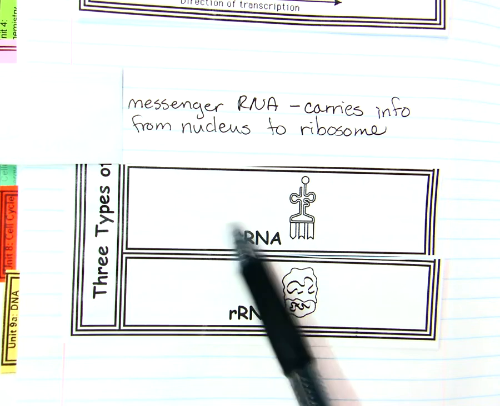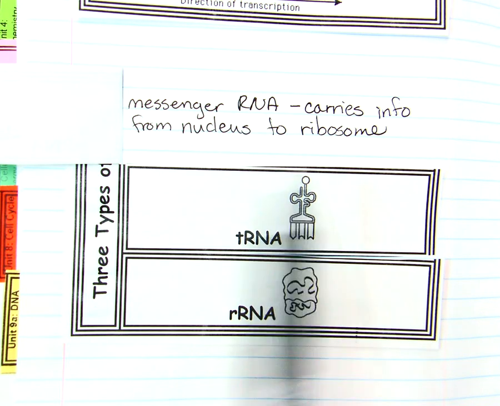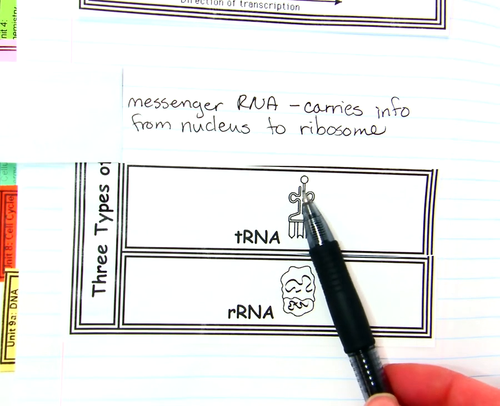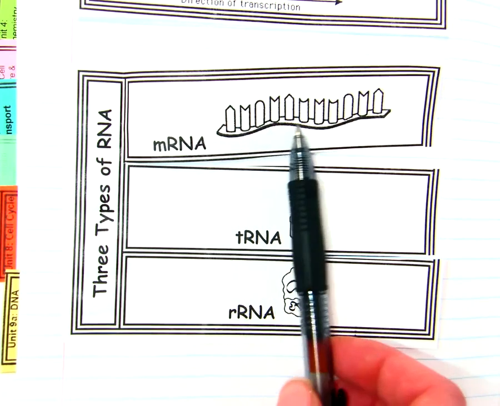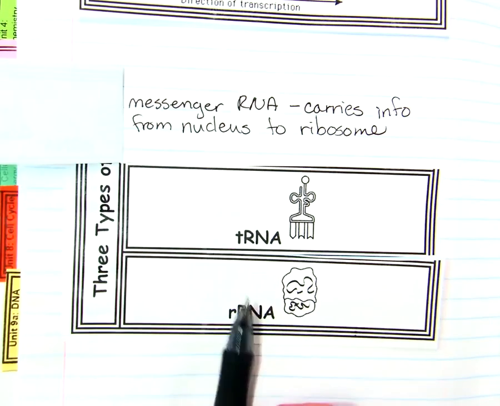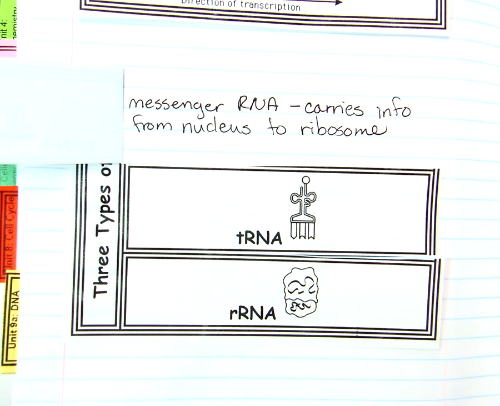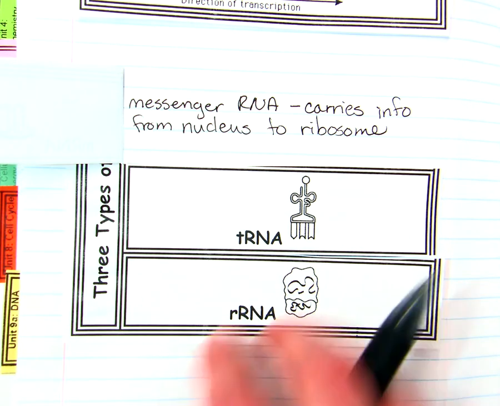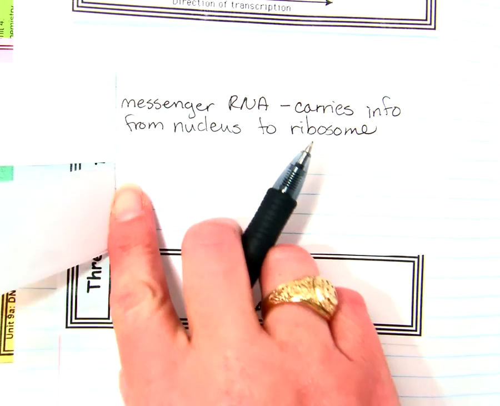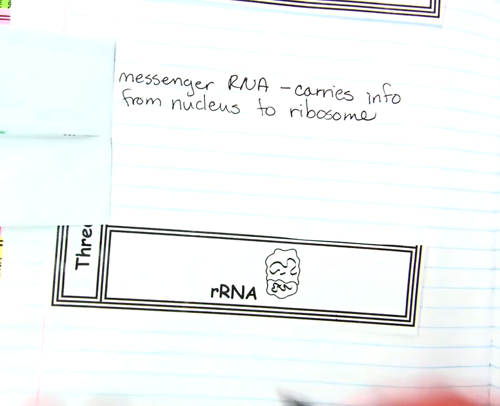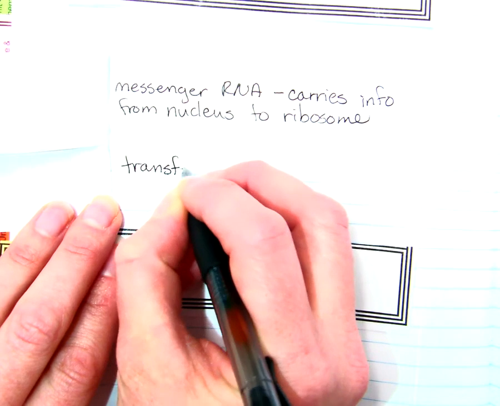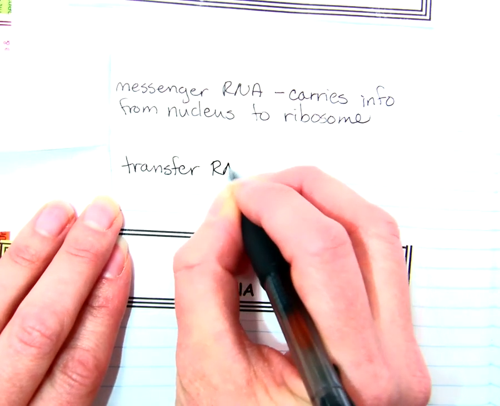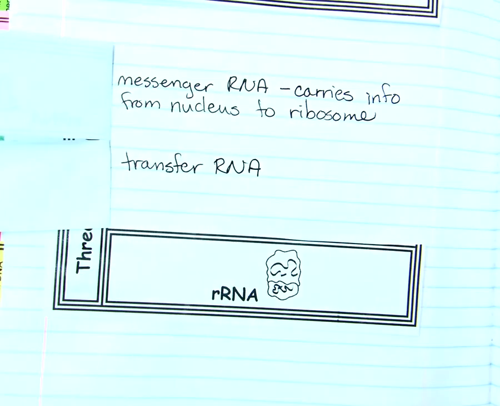Our next one is tRNA. It's still a single strand. See this one squiggle? This is like the one backbone of the mRNA, only in tRNA it gets folded up on itself. The T stands for transfer RNA.